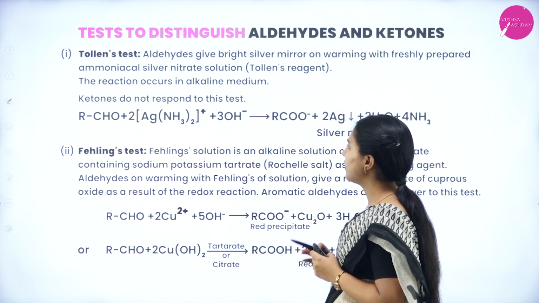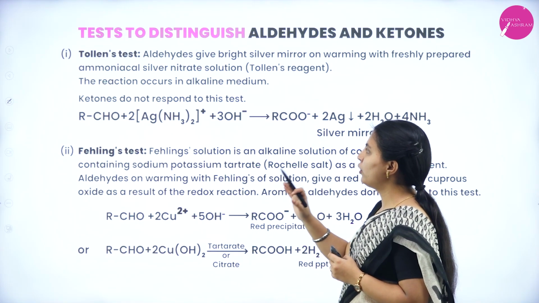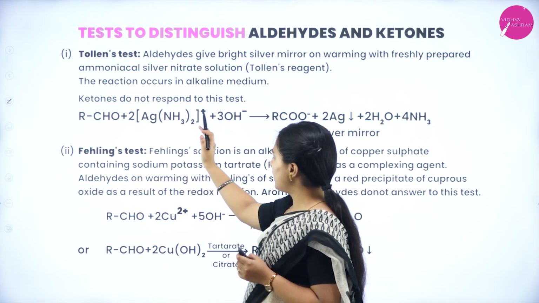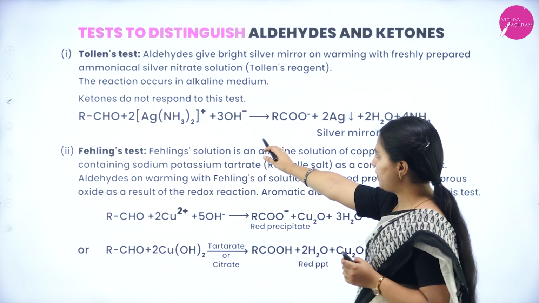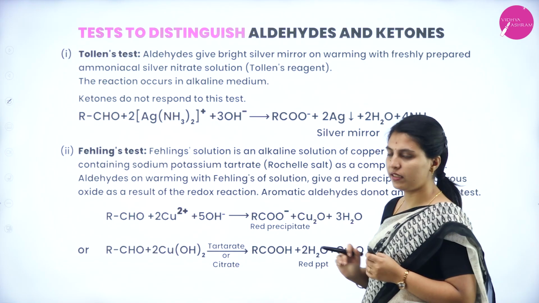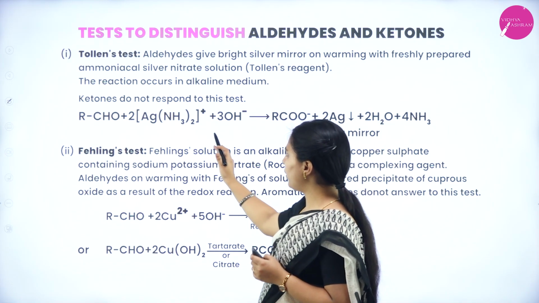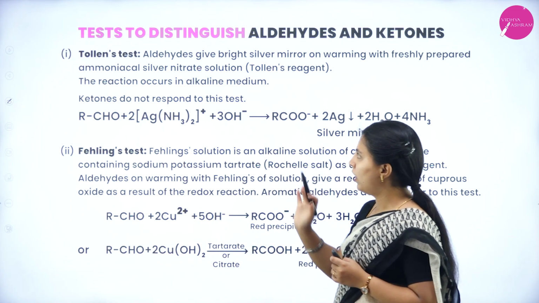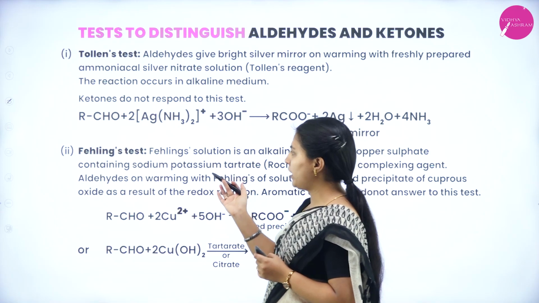The reaction occurs in alkaline medium, and ketones do not respond to this test. Aldehyde with ammoniacal silver nitrate in the alkaline medium gives the silver mirror test. This test is only for aldehydes. Next, Fehling's test.